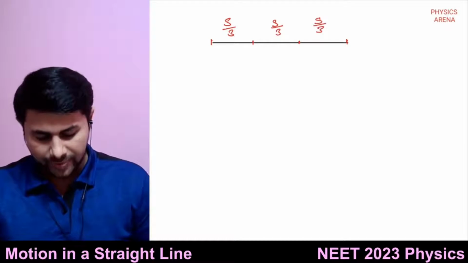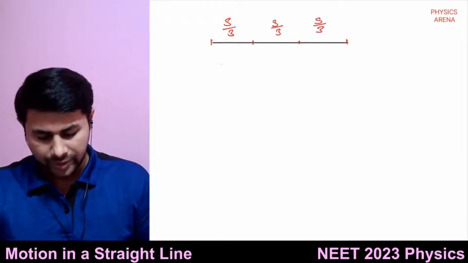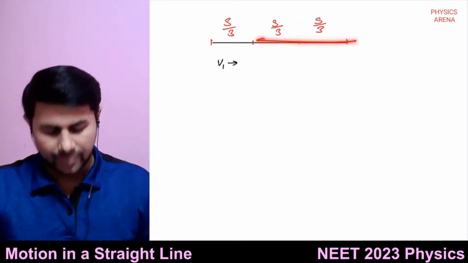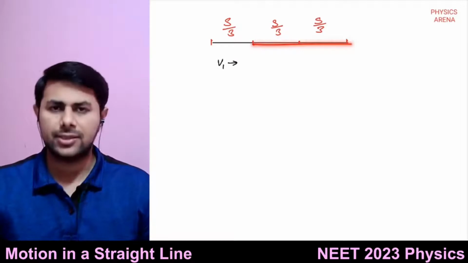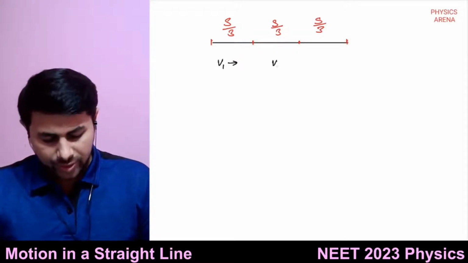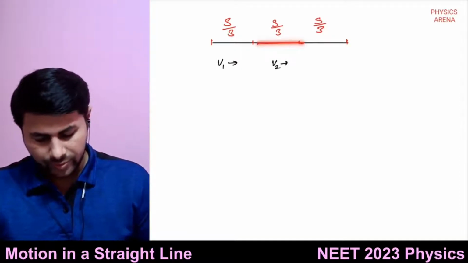For this first part, my car was moving with speed v1. For the remaining distance, the car is moving with speed v2. So can I say it moves with speed v2 from here to here and also from here to here?